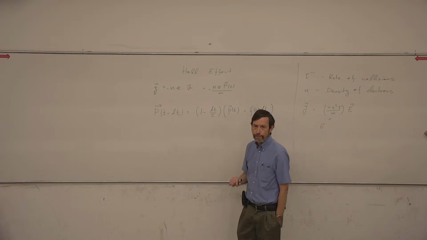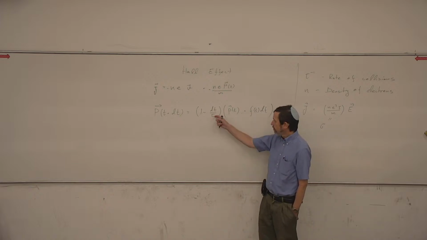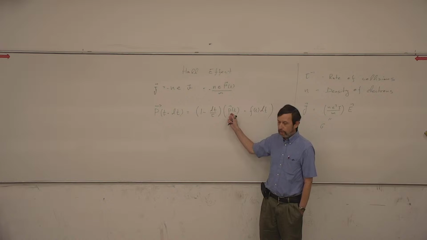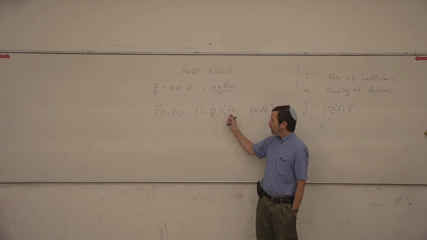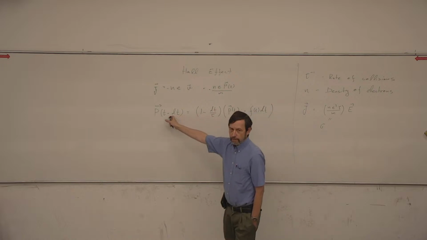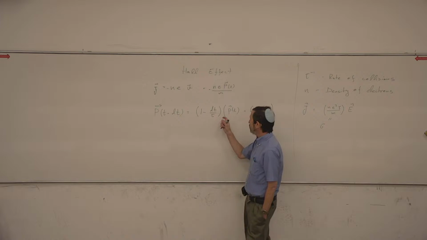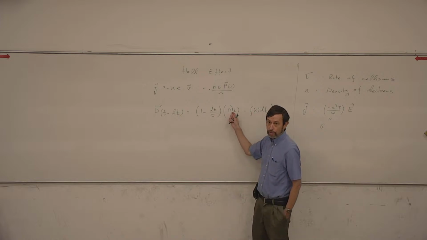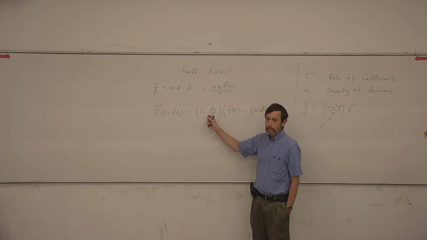Okay, let's look at the first term. What does the first term say? If we multiply only by 1, or tau goes to infinity, so the momentum at time t plus dt is the momentum at time t, conservation of momentum. What does this term tell us?